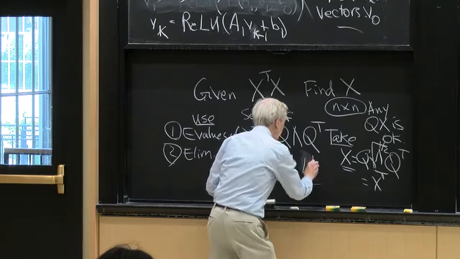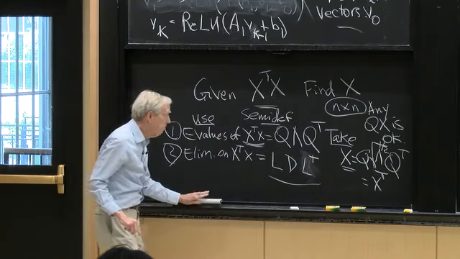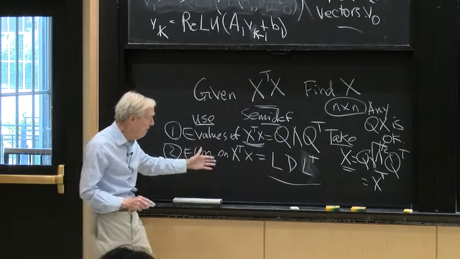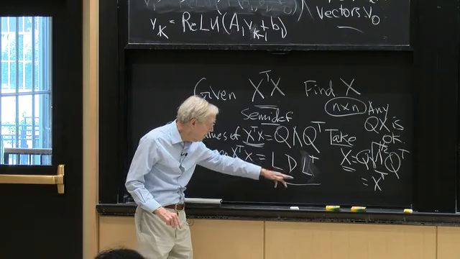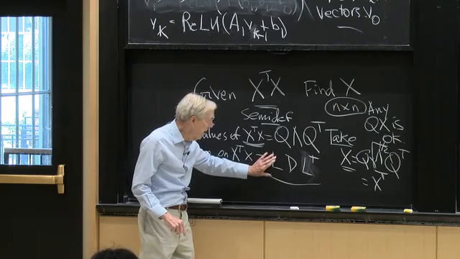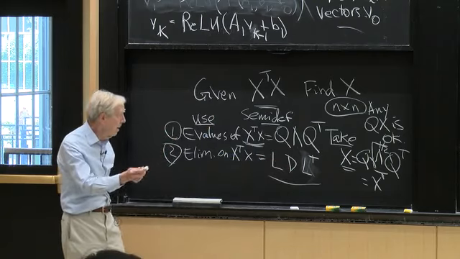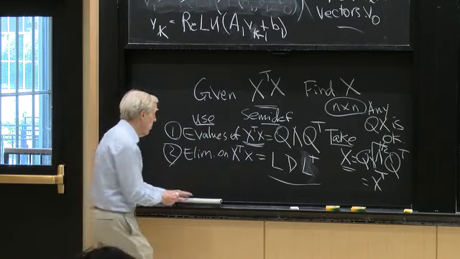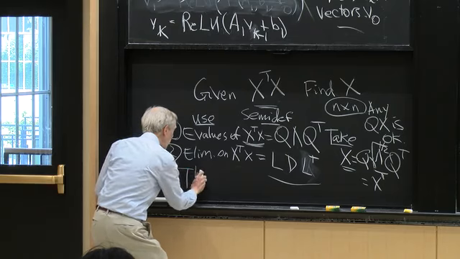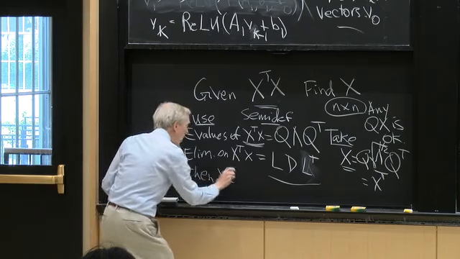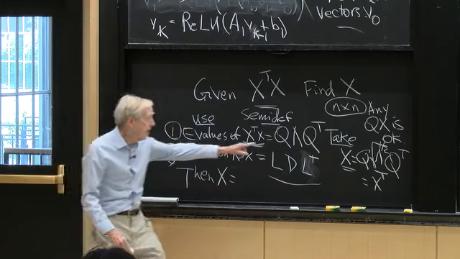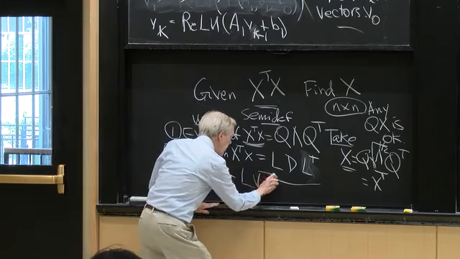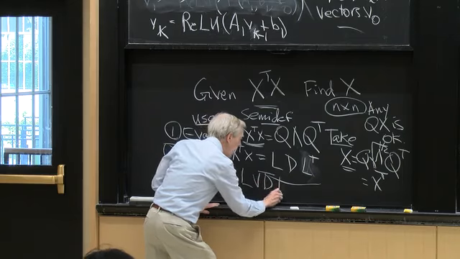If I'm working on a positive definite matrix, then I get positive pivots, and the lower triangular and upper triangular factors are transposes of each other. So now, what's the X? I'll use L square root of D L transpose.